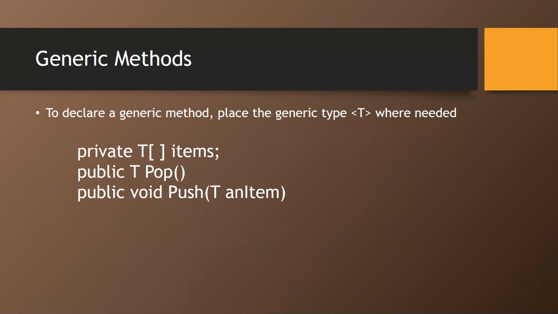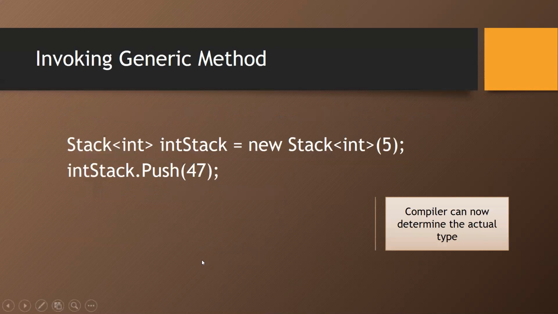So here I could declare an array named items of whatever data type T becomes when we run this. I could create a method that returned an item of data type T. I could create a method that wanted an input parameter of data type T. So wherever these T things are, they're going to be replaced by the data type that's actually being used when the program is compiled.